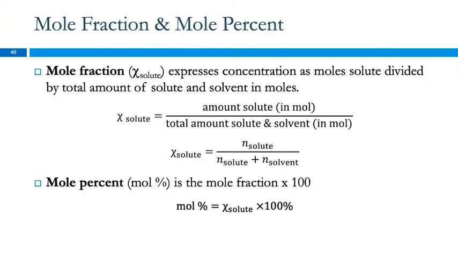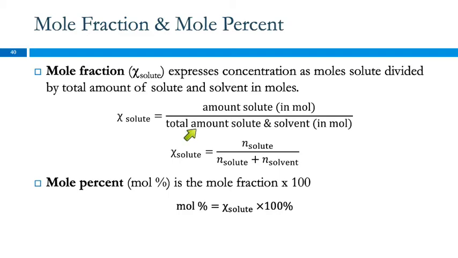So on to some other ones. Mole fraction and mole percent. So we're familiar with percent, right? It's the part over the whole times 100. The part over the whole is the fraction. A percent is a fraction times 100. So here, the mole fraction is the moles of solute divided by the total number of moles of solution.